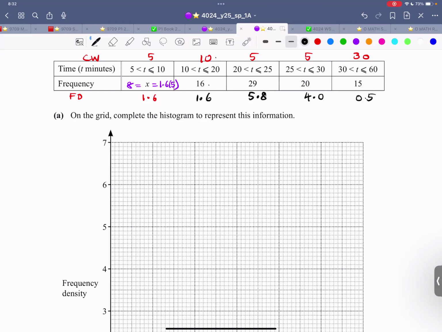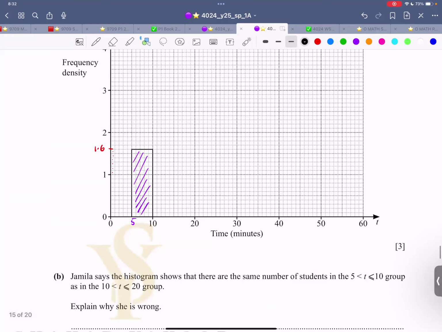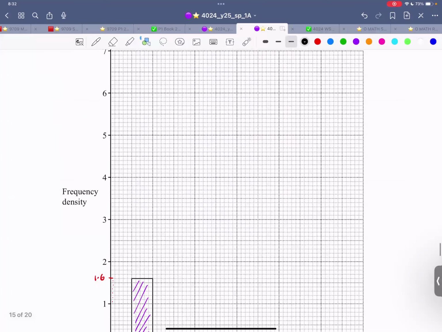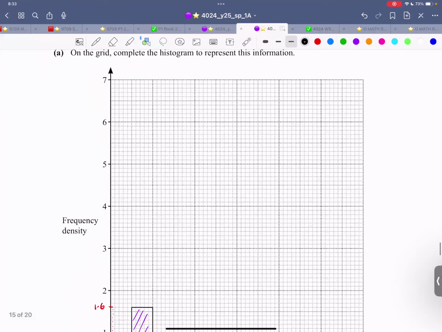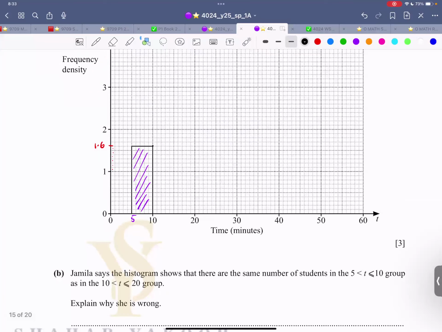Let's draw it up. So now let's draw this. 10 till 20, 1.6. This frequency density is 1.6. So this 10 till 20 is also 1.6. That is one thing.